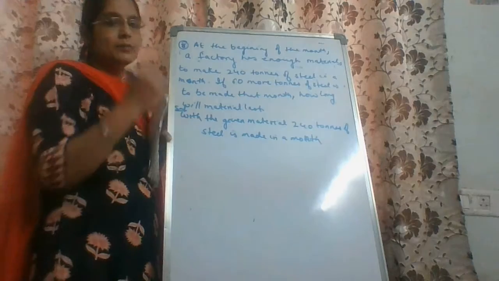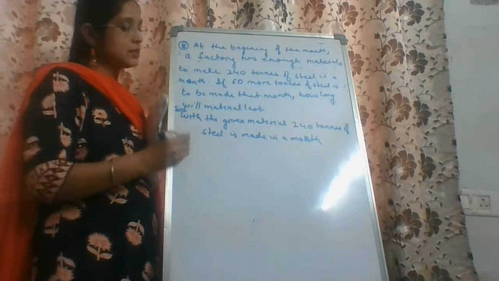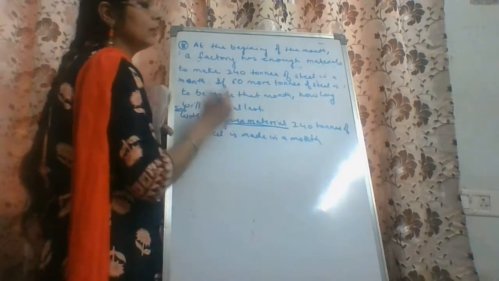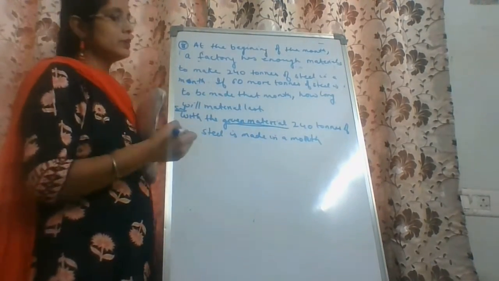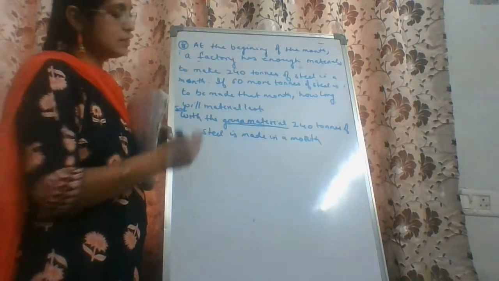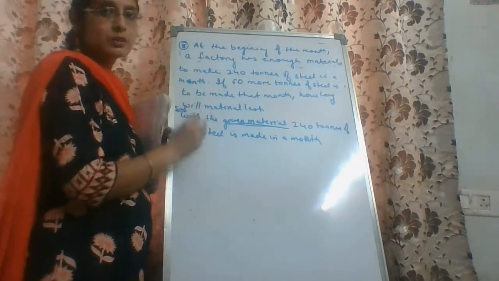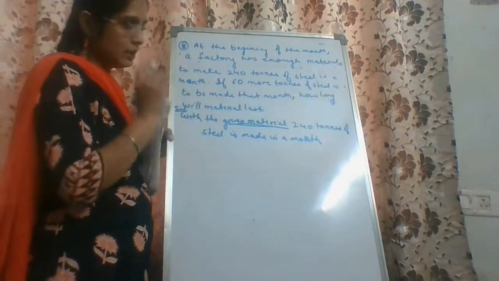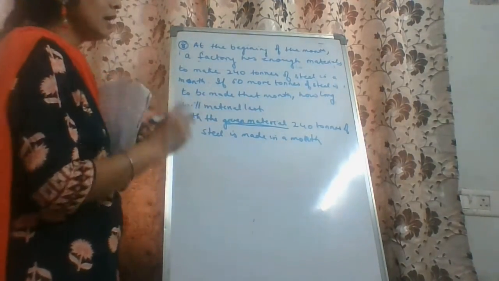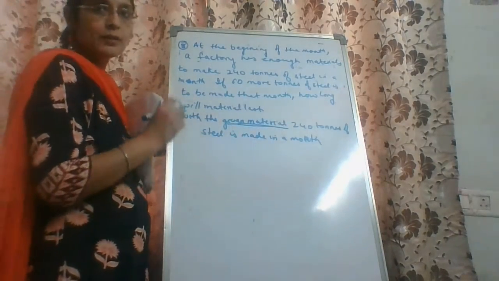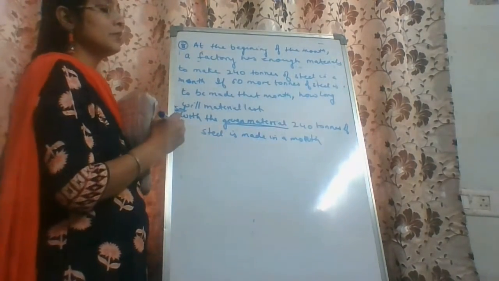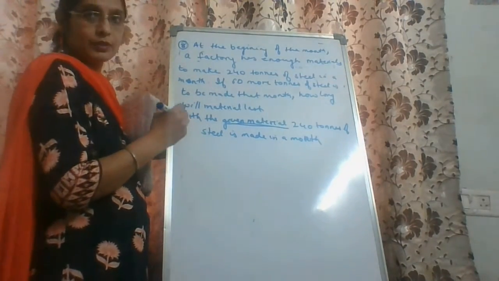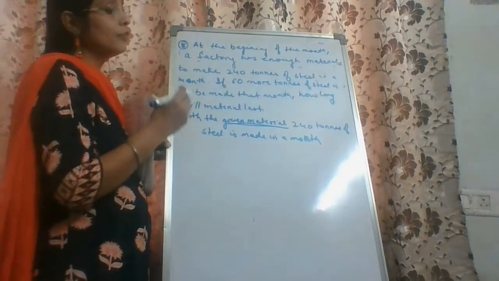With the given material only, it will take less number of days to use this material because the manufacturing of steel has increased. So let us see if 1 ton of steel is to be made with the given material, then the time required will be what?